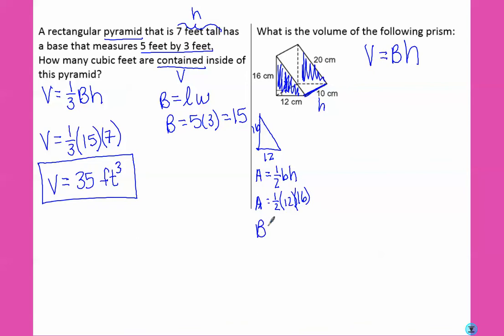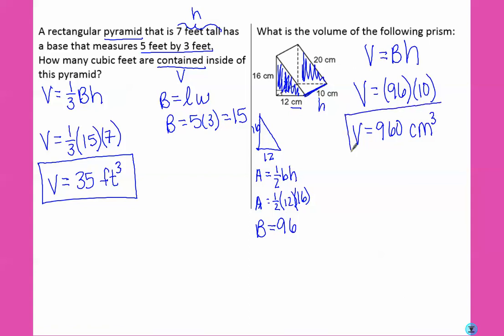So our area of our base is 96. So the volume would equal 96 times our height of 10. So the volume is 960. We're measuring with centimeters, and volume means it's cubed.